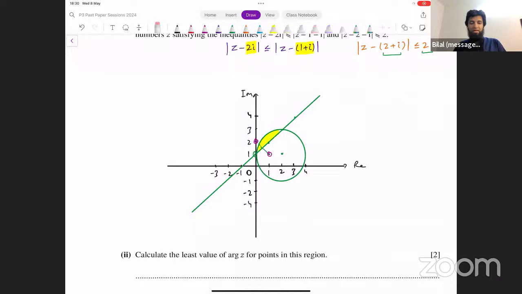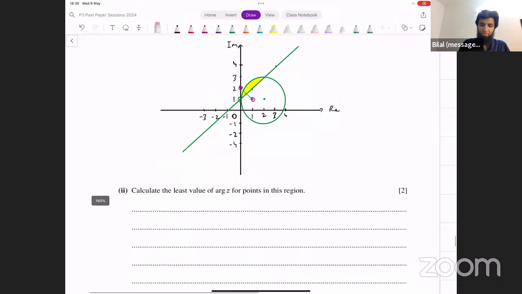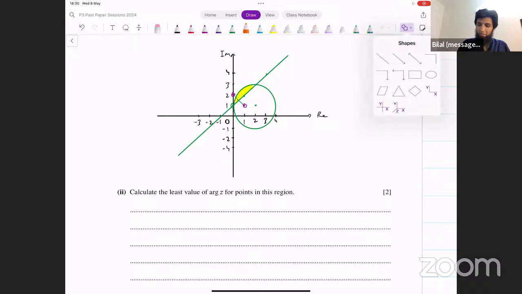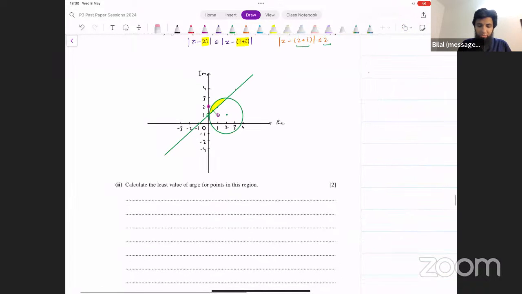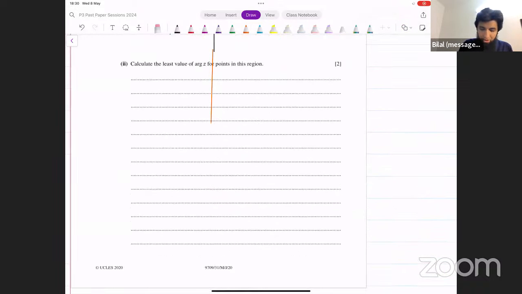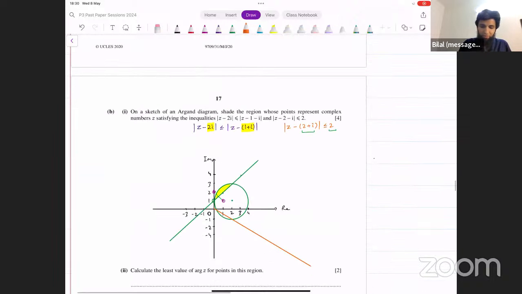Now these are the points that we have in this region, the shaded region on the diagram. Now we need to find the least argument for points in this region. Now, how can we find the least argument? Where is argument measured from? From the origin generally, right? So we have a line from origin. We go like this.